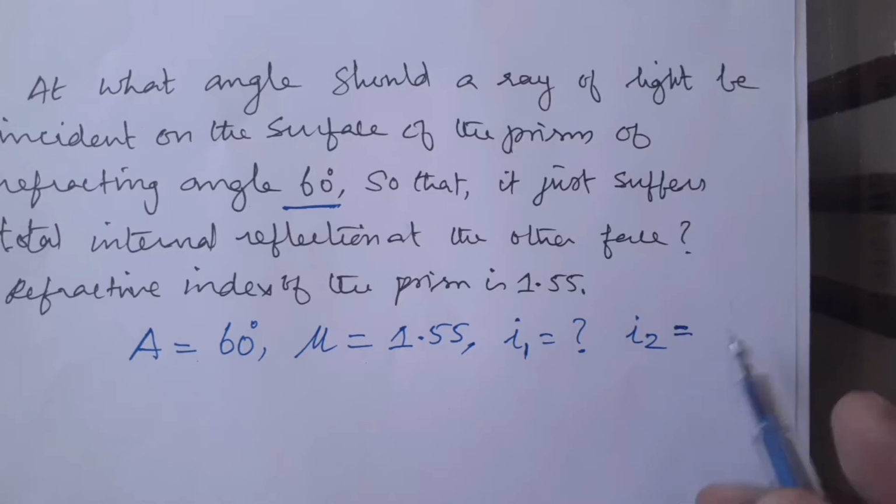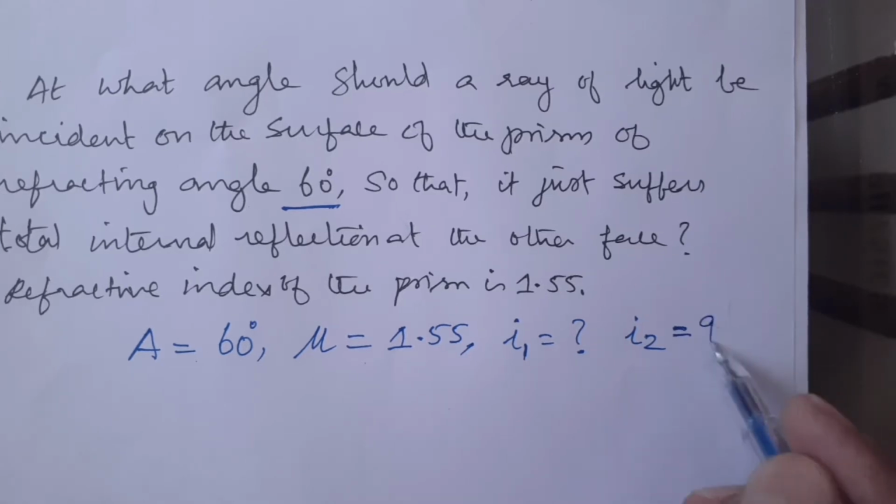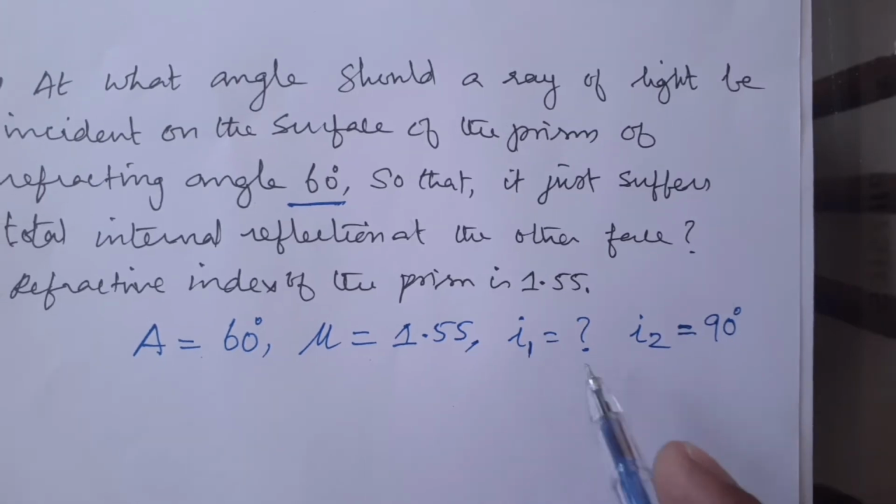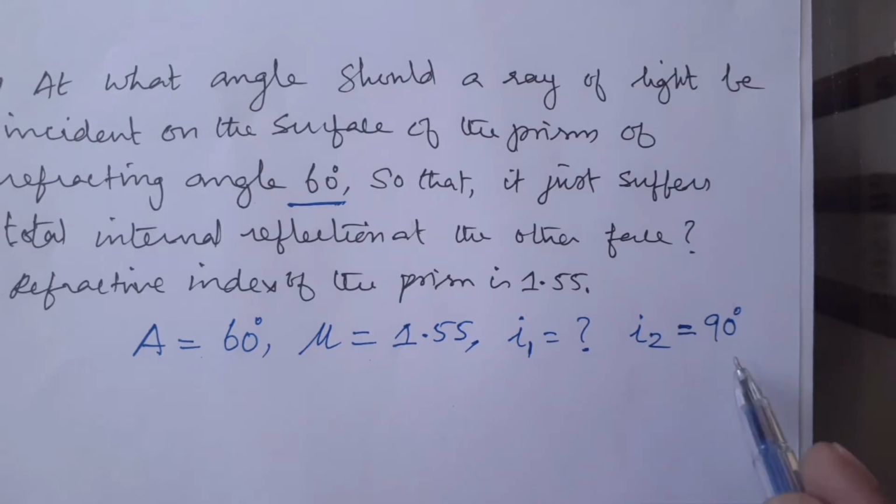Then I2 becomes 90 degree, because the angle of refraction is 90 degree for the critical angle. That is the assumption you are going to make.